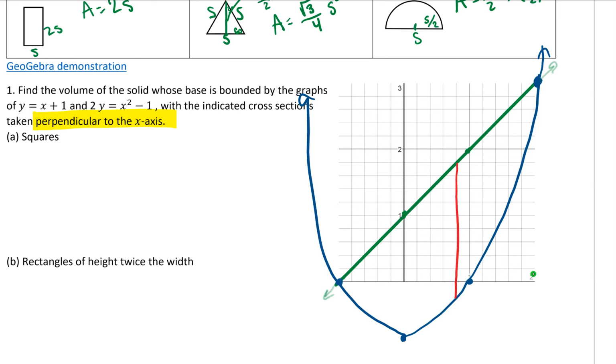And if you remember from a couple lessons back, that means just the height of this thing, and the way that we find the height is we subtract the upper function minus the lower function. So the side length is just the upper function, which is x plus 1, minus the lower function, which is x squared minus 1. So that's the side length, and we can simplify it and make it look all nice if we want.